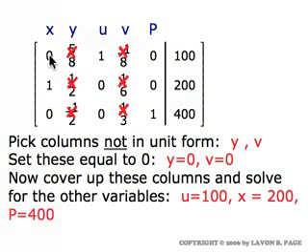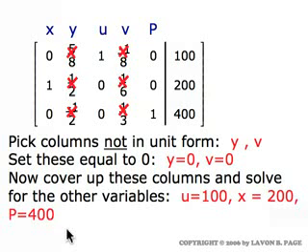If you mentally wipe out the Y column and the V column, then the first row would say 1 times U is equal to 100. The second row would say 1 times X is equal to 200. And the third row would say 1 times P is equal to 400. So we would have these three values.